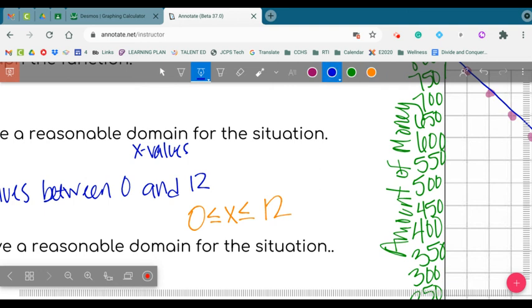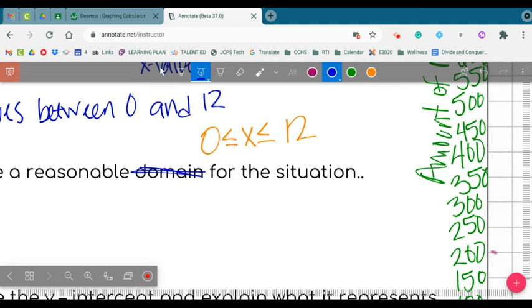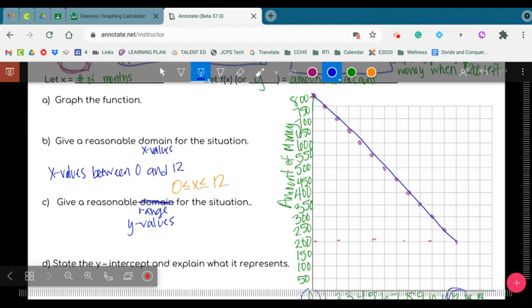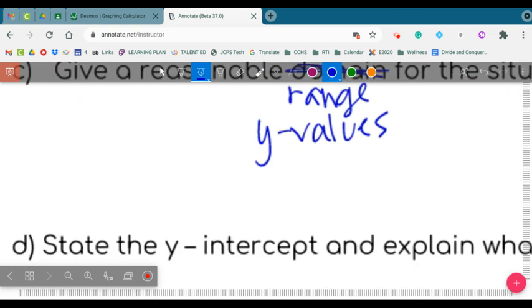Okay, let's go down to this one, which should be range, you guys. I'm sorry, and I may already have it fixed on your notes. So our range is our y values. What do our y values fall in between? It looks like it starts at 800 and stops at 200.